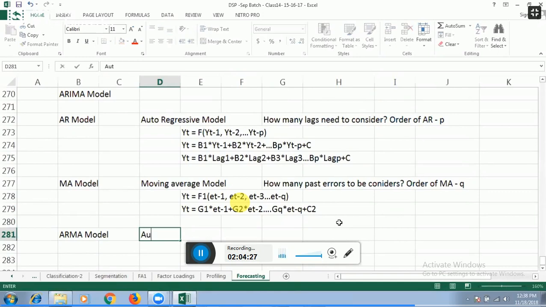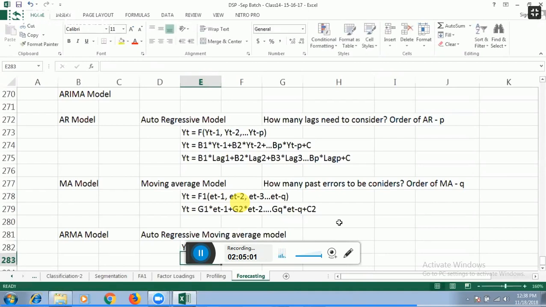It's the autoregressive moving average model. So what is that? It is nothing but my yt is a function of yt minus 1, yt minus 2, and so on, yt minus p, comma, et minus 1, et minus 2, and so on, et minus q.